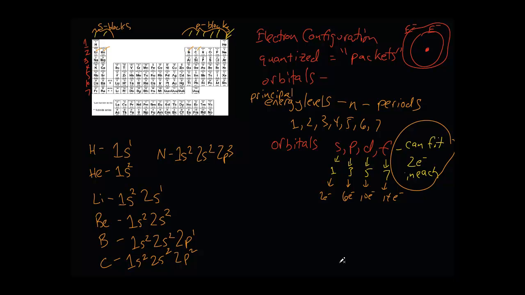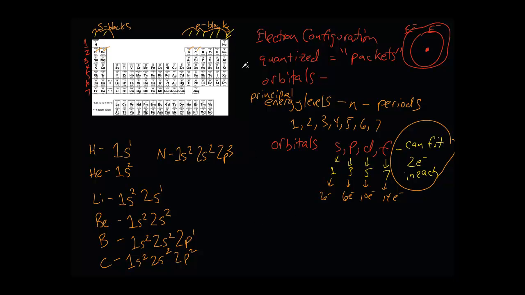Since in each energy level, there's 1 s, 3 p's, 5 d's, and 7 f's. Or actually, I should say, the potential exists for an energy level to have all of these. And the number of energy levels that you have are going to increase because you have more electrons to fit in there. Right?